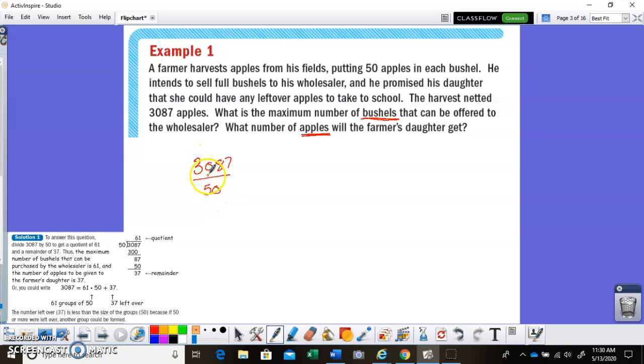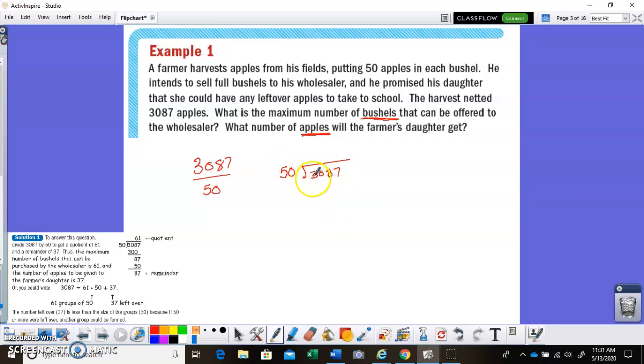When we look at polynomials, we're going to have to make sure we have every place accounted for, or every degree of x accounted for, and if it's not there, we're going to put a 0 in. So we have a placeholder. All right, so my 50 goes on the outside, and my 3087 goes on the inside.